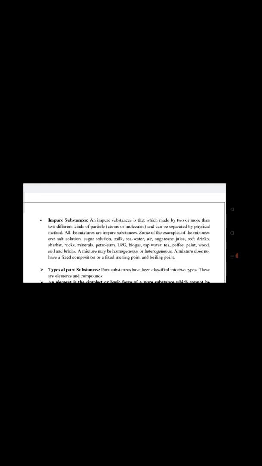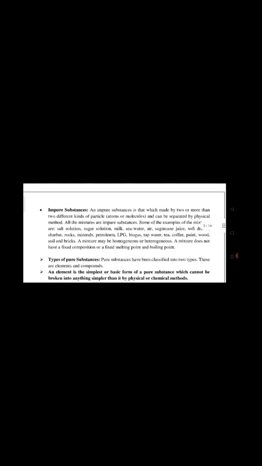Some examples of mixtures I have already given: salt water, sugar water, milk, sea water. Air is also an impure substance because in air so many gases are there, but the composition or the presence of gases is not fixed for all places in our universe.